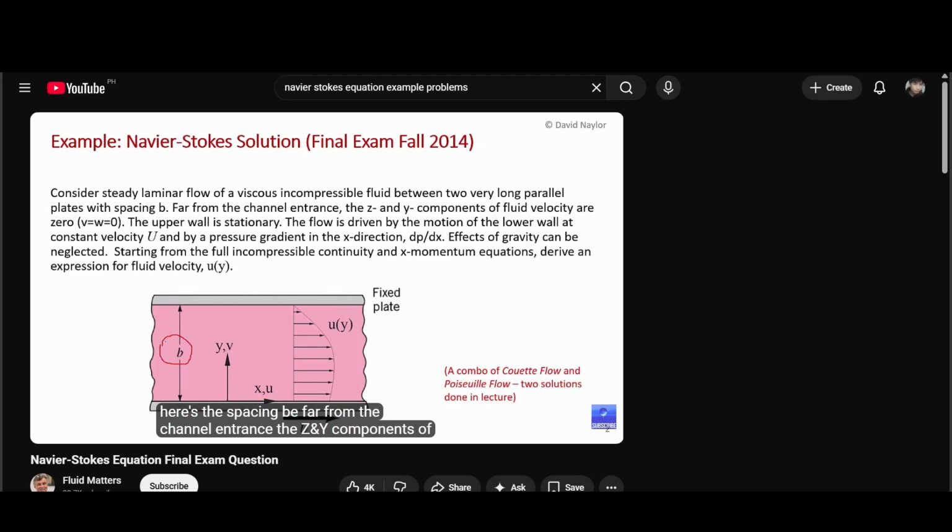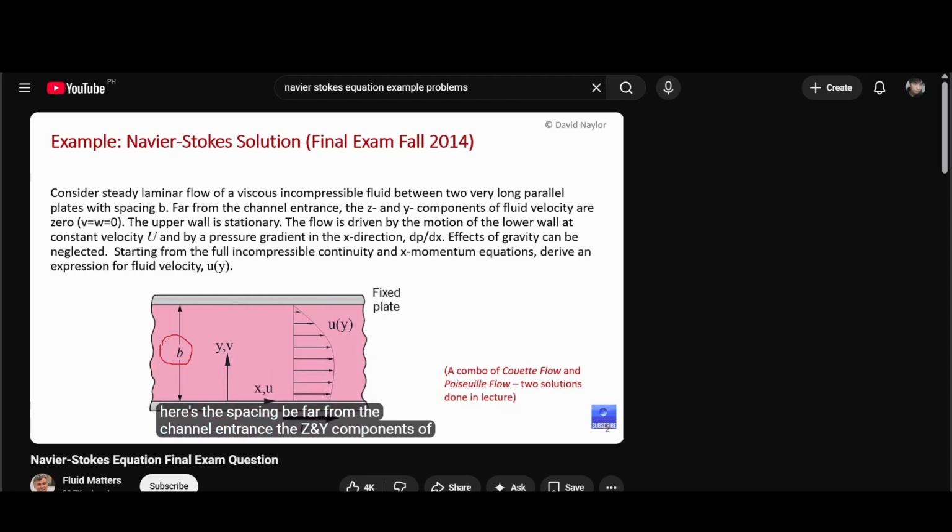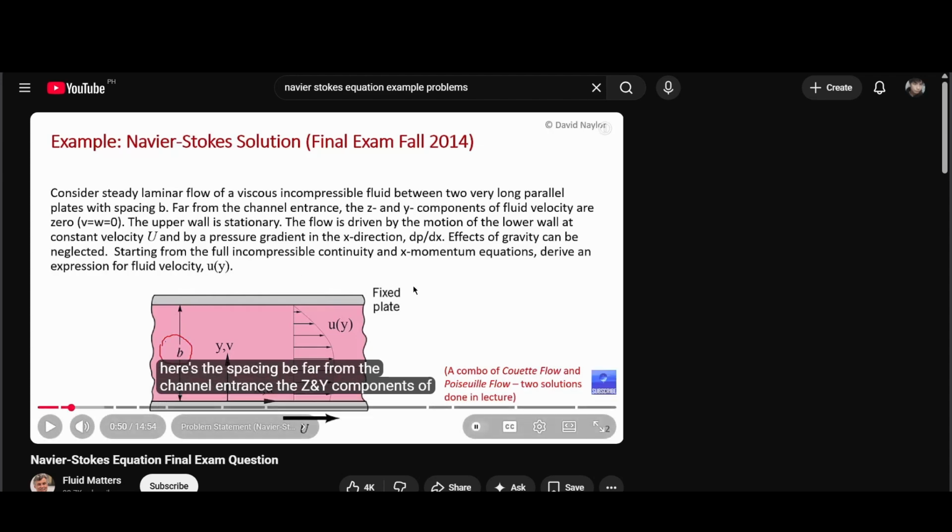Far from the channel entrance, the z and y components of fluid velocity are zero. The upper wall is stationary. The flow is driven by the motion of the lower wall at constant velocity u, and by a pressure gradient in the x direction.